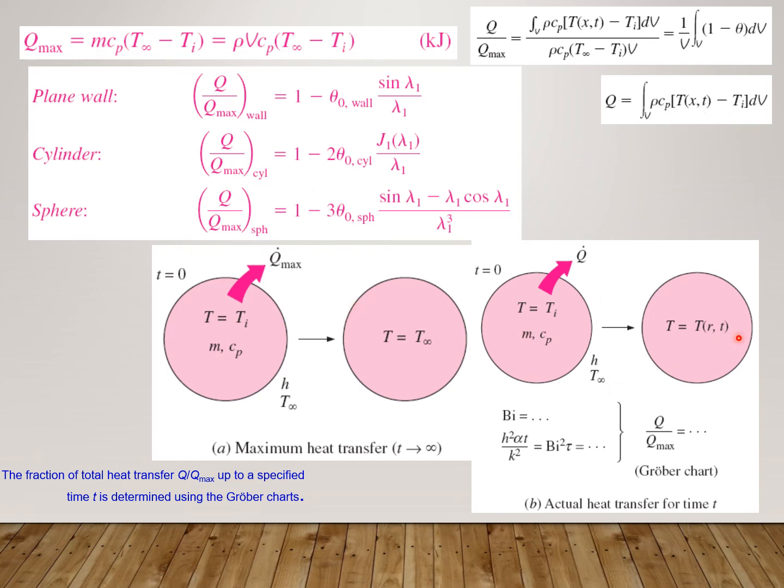So here is the diagram shown. Maximum heat transfer: this is a body, initially at Ti, placed in T infinity. At T infinity, Q max is reached, the maximum heat transfer, and Biot number Bi, of which you know the formula, and Grober's chart we have all discussed before. The fraction of total heat transfer Q upon Q max up to a specified time is determined using the Grober's chart.